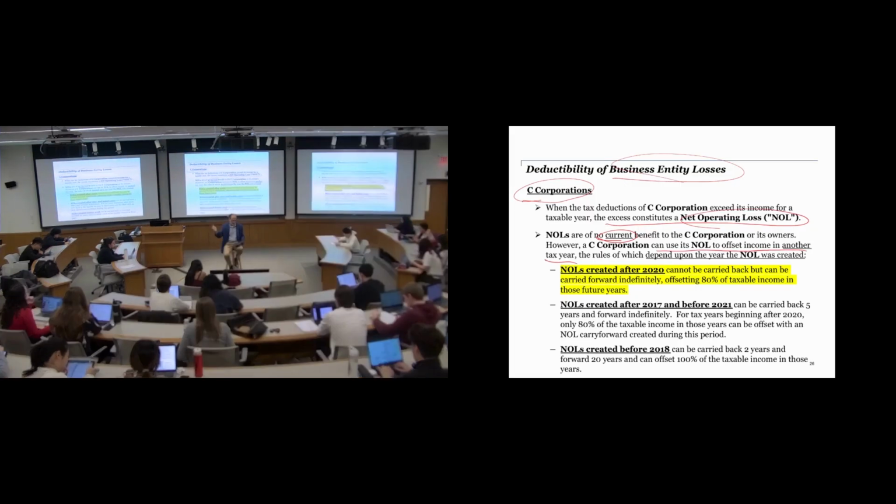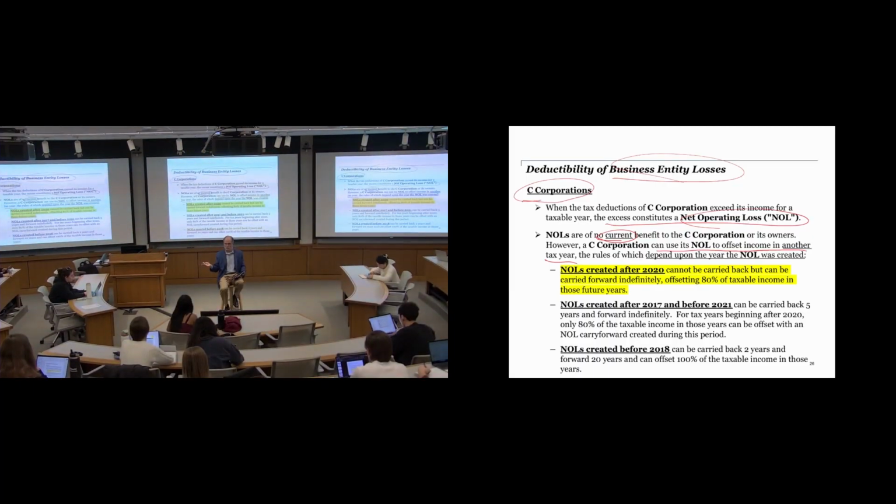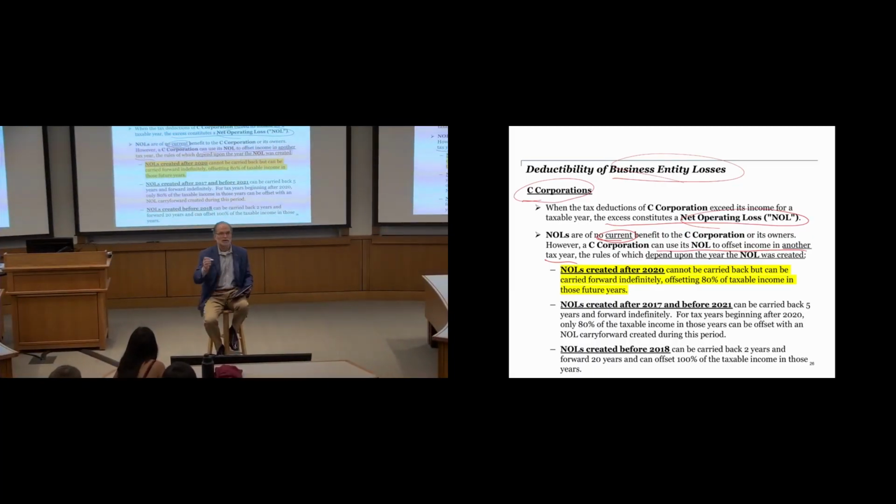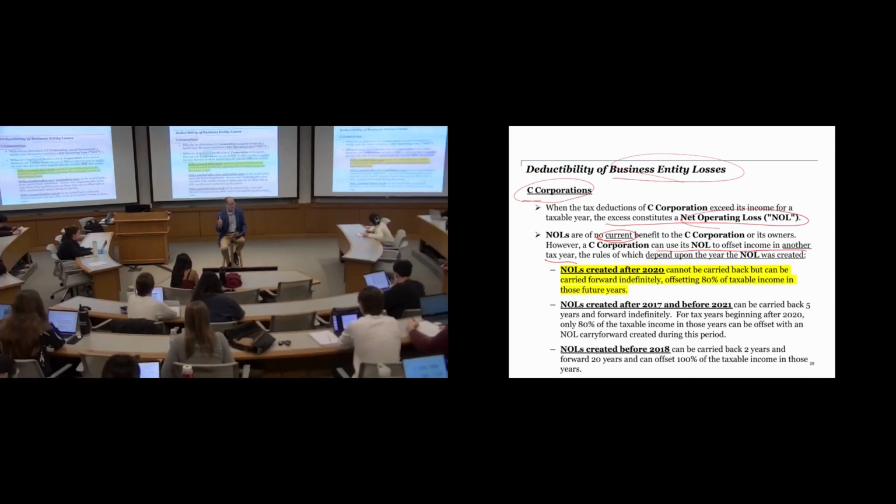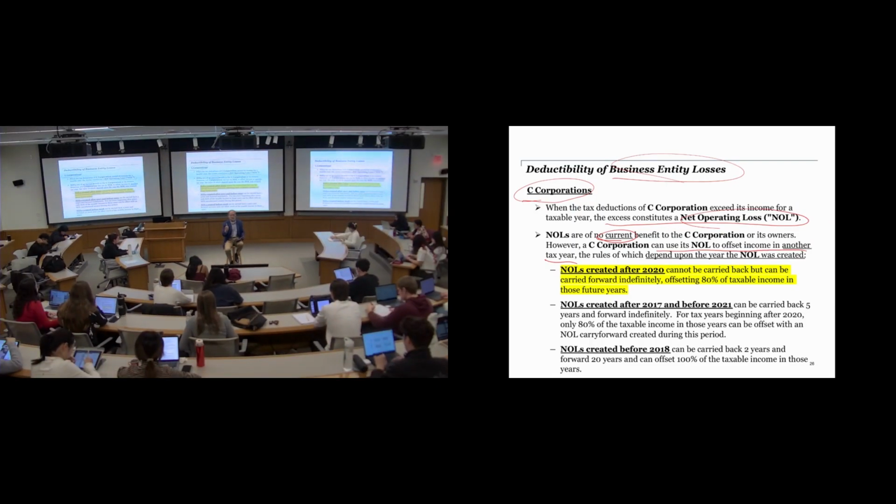We have carry back and carry forward rules in the NOL world, just like we had with capital losses and capital gains. We had another instance where we had offsets where we went back. If you're in my international course, we have FTC credits, and we go back and forth, backwards and forwards. Okay, so the rules depend on the year the NOL was created.